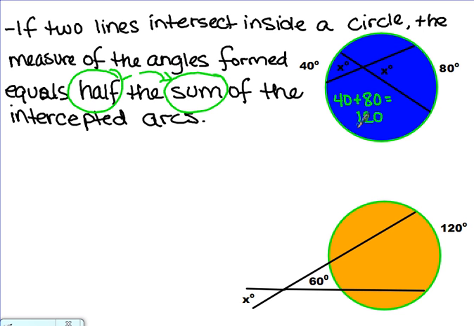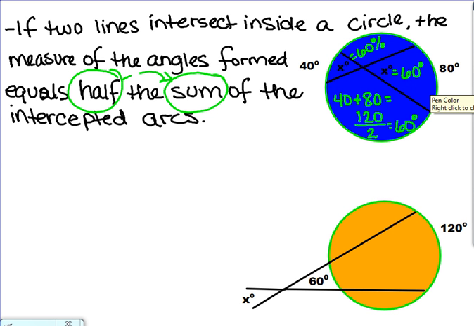So we divide 120 in half, which means x is equal to 60 degrees. This x is 60, and this x is also 60 degrees. That rule applies anytime two lines intersect inside the circle: add the two intersected arcs and divide by 2 to find the measure of your angles.